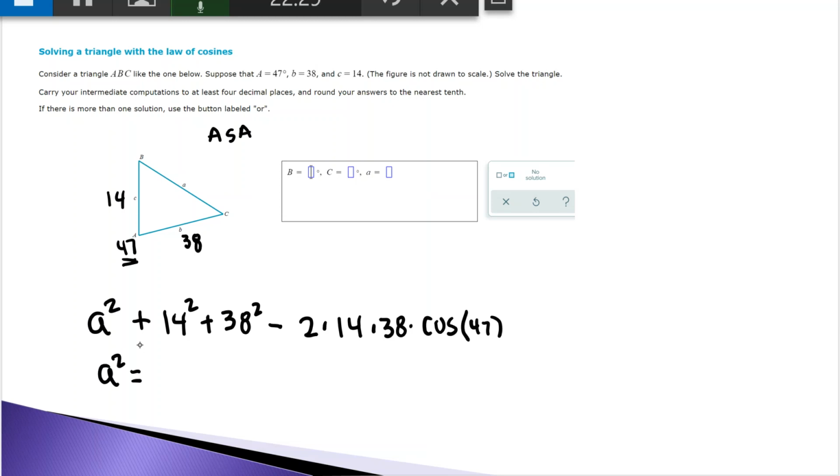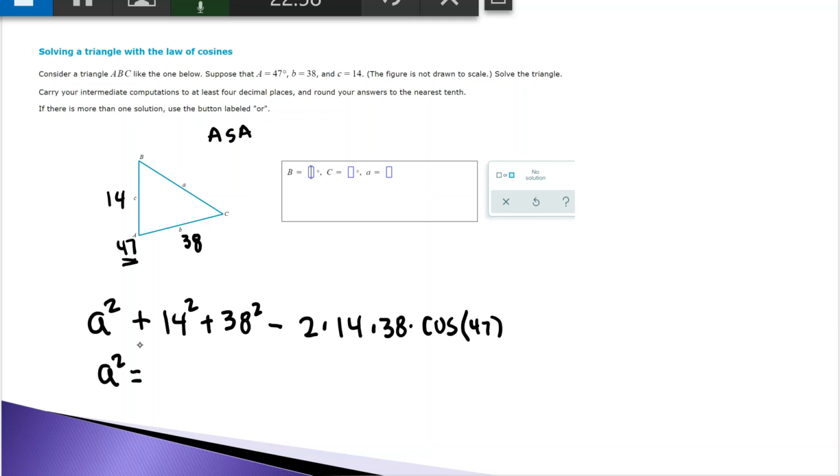Well, especially because there's a cosine in it. I'm still in degrees, and the question's in degrees, so we're good. 14 squared plus 38 squared minus 2 times 14 times 38 times cosine of 47 degrees.